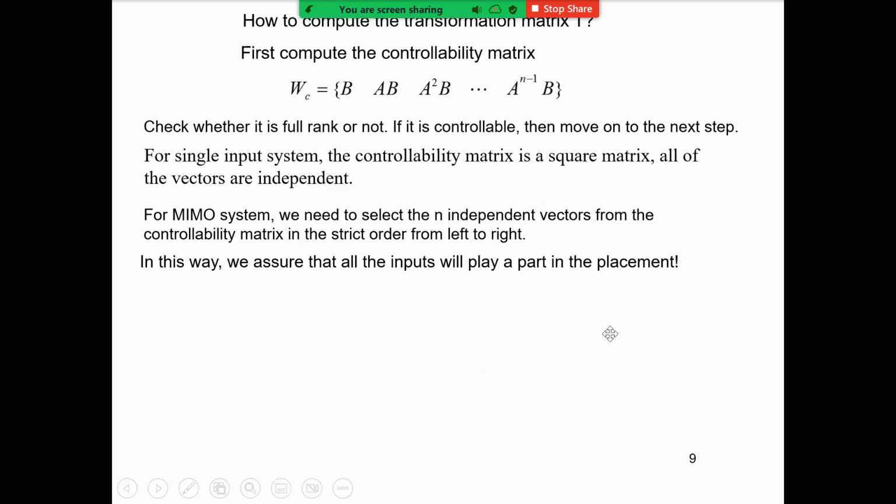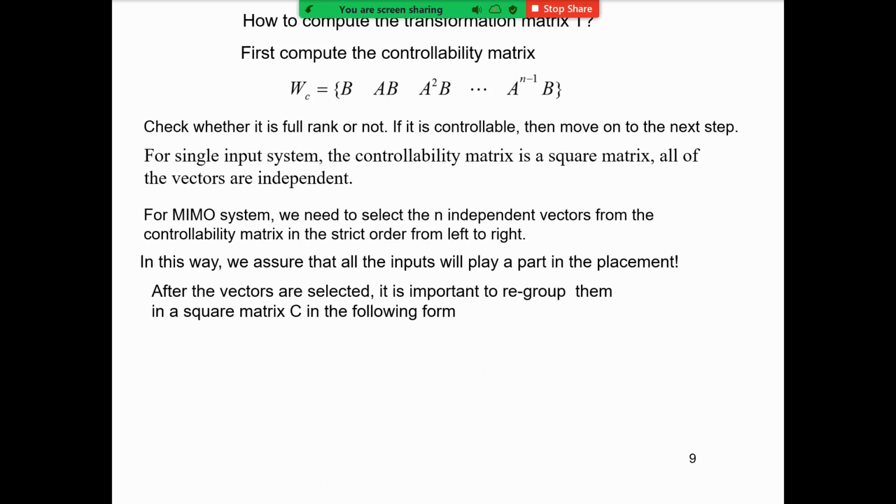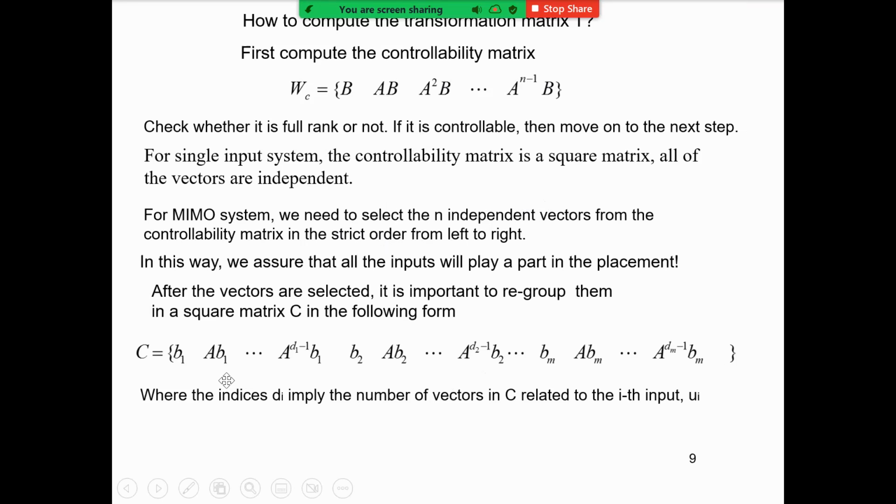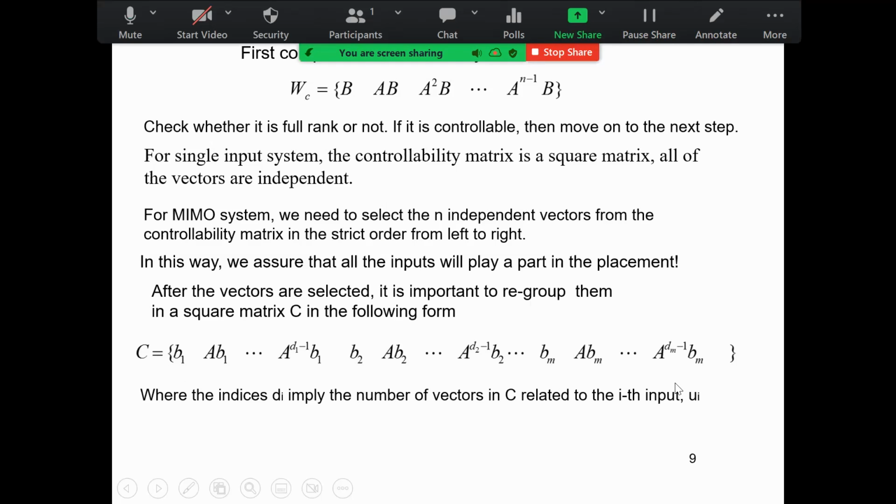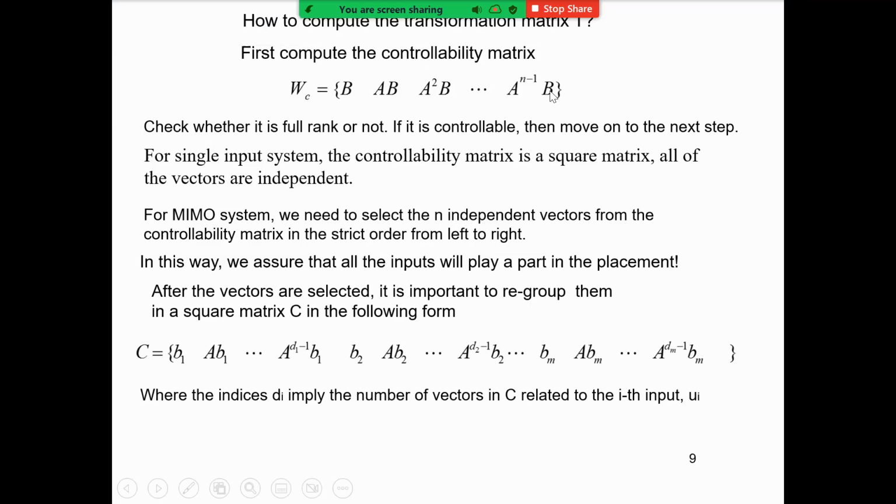Because we want to ensure that all the inputs will play a part in the placement. After the vectors are selected, the next step to form the matrix C is also important. You have to reorder those vectors in this matrix Wc.